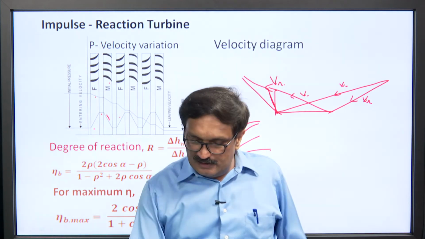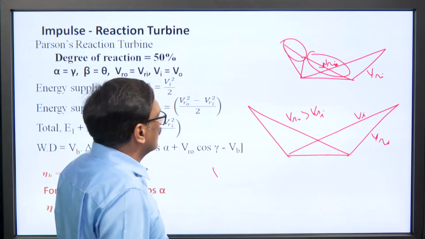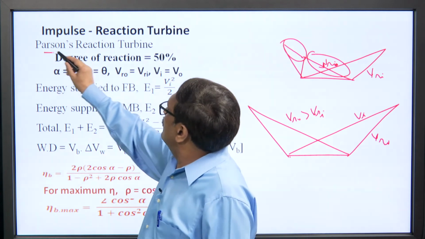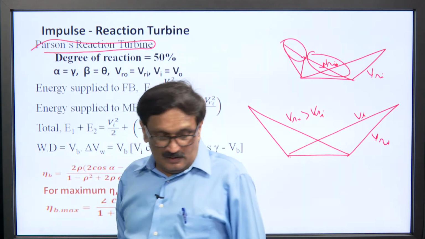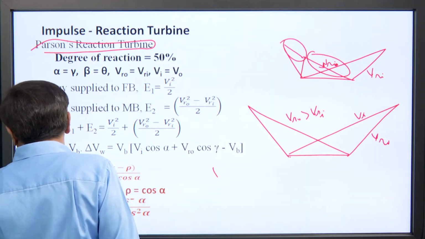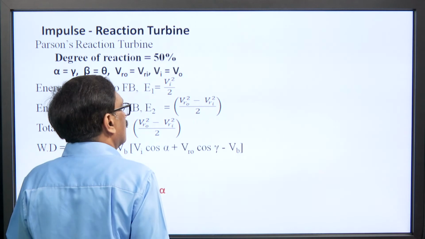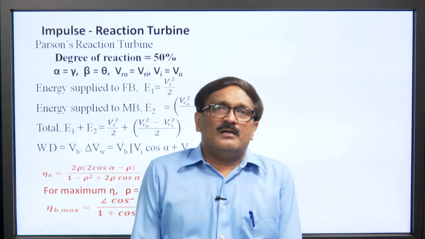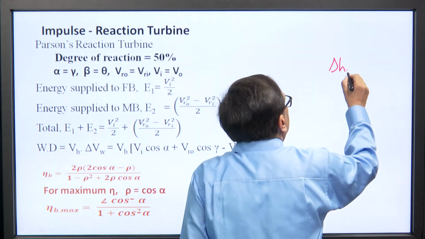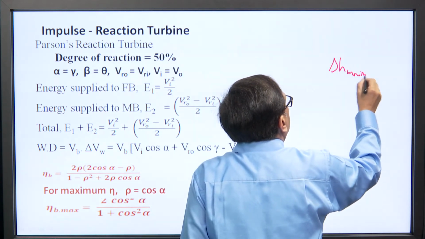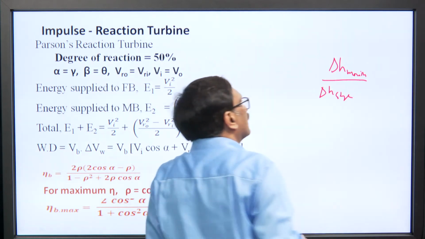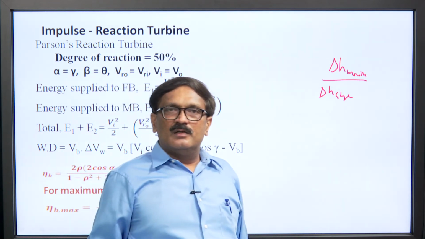And if we see the efficiency and all those things for this reaction turbine, we take a particular special case of reaction turbine, known as the Parsons reaction turbine. First we come to the degree of reaction. Degree of reaction is the enthalpy drop in the moving blade divided by the enthalpy drop in the stage, that is the moving blade plus the fixed blade.